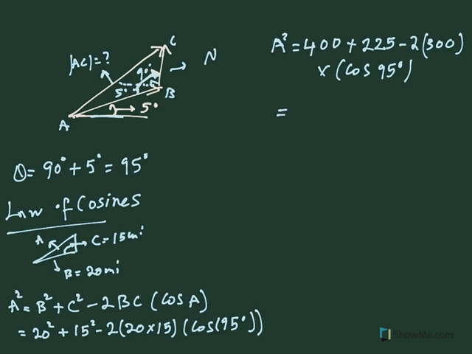And so 400 plus 225 is 625, minus 2 times 300 is 600, and the cosine of 95 degrees is negative 0.087.